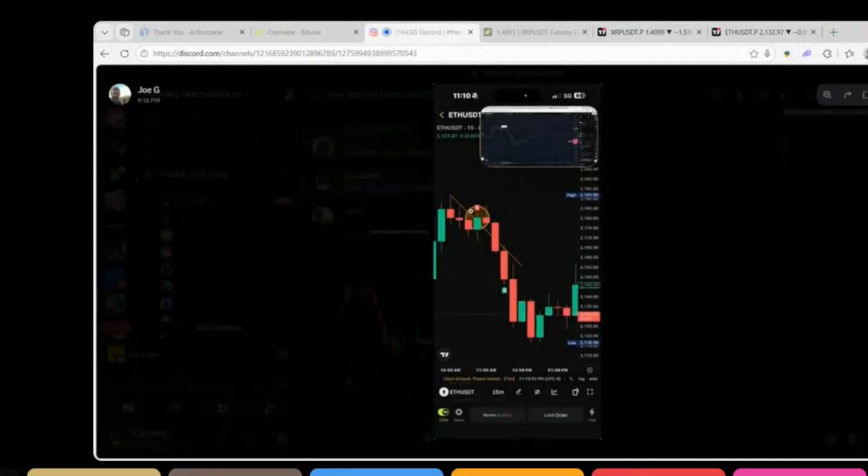So right where that circle is, that's my entry. When that wick hit that trend line is when I entered. It immediately went against me, and then the next candle went up higher before it fell back down.